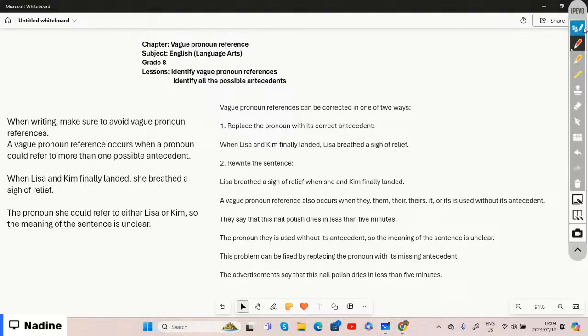A vague pronoun reference occurs when a pronoun could refer to more than one person or antecedent.